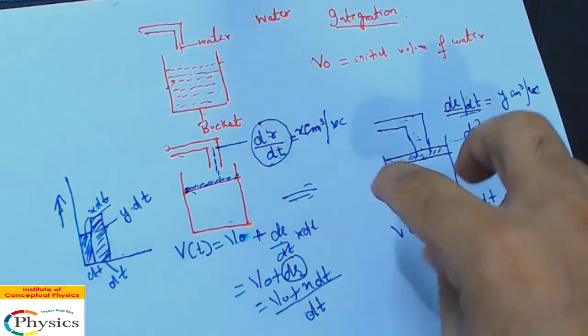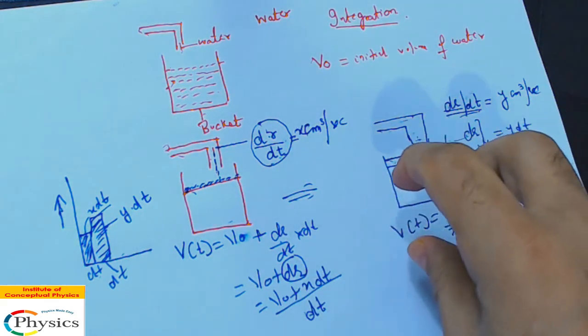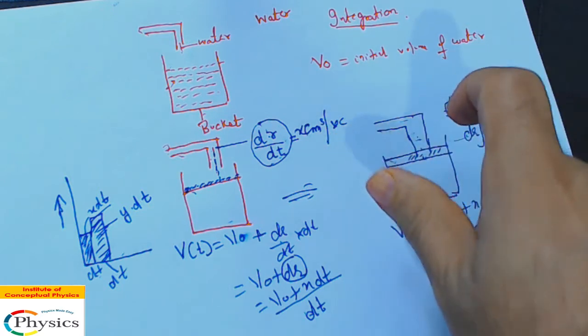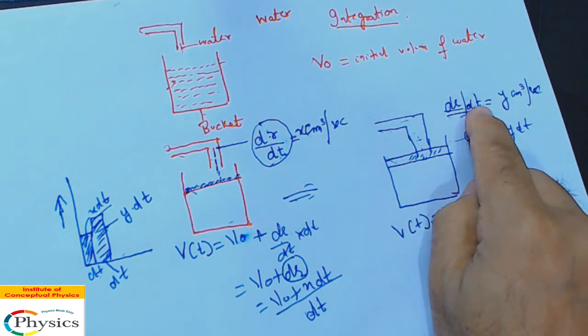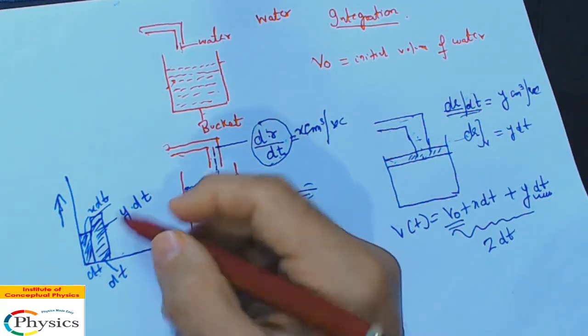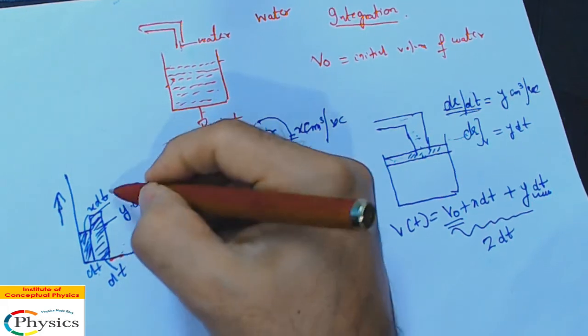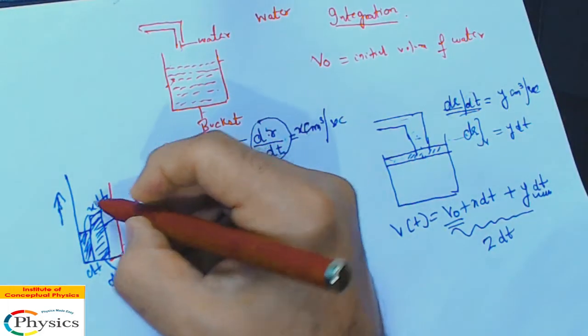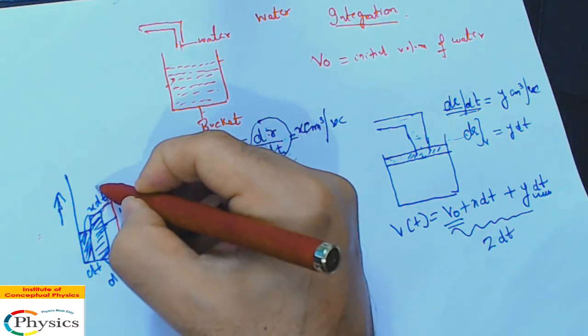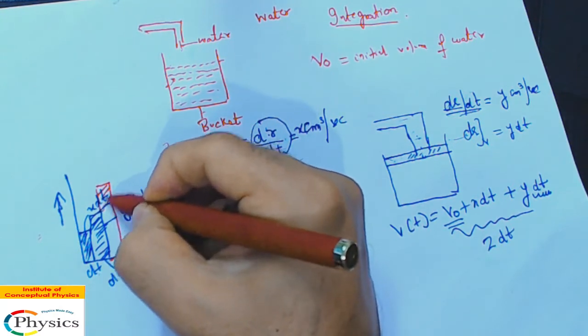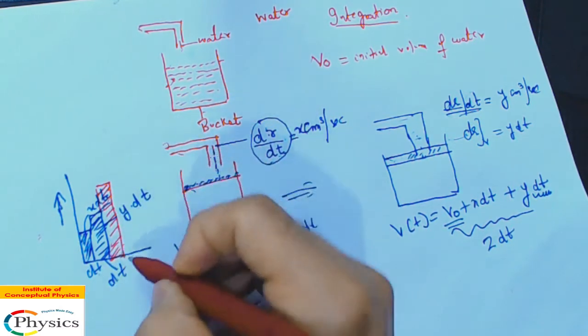Maybe now somebody comes up and says, I'm going to open some more water so that in a small time dt, more water comes in. So in the same time interval, you will have more volume change being observed. So this is more water coming in, in the third dt second.